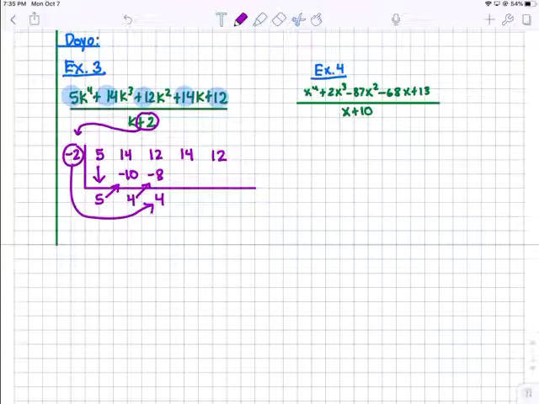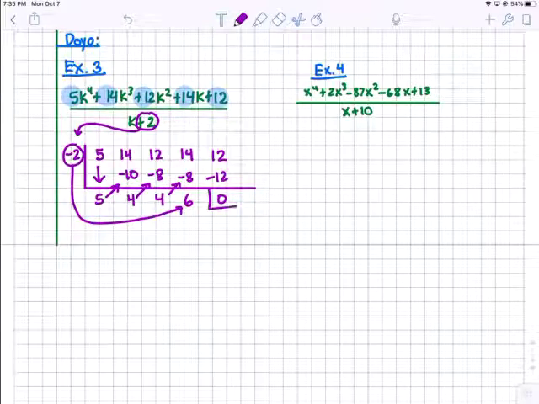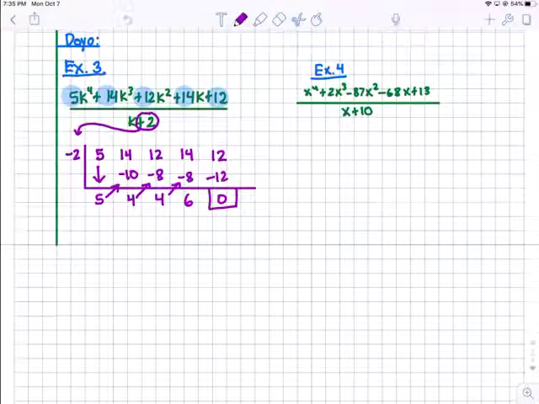Multiply, and then we add. Multiply, and then we add. Great, we have no remainder, so now let's make our polynomial.